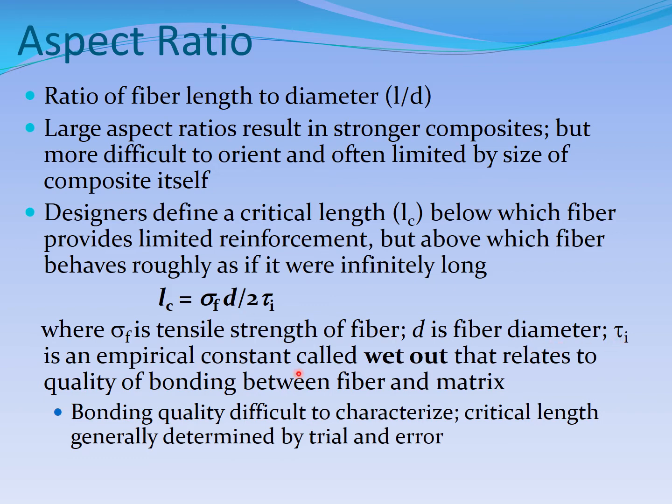Tau I is an empirical constant called wet out that relates to the quality of bonding between fiber and matrix, right? The matrix is some polymer material like polyester and so on. And when you put the fibers inside, then there should be some sticking of this fiber to the matrix material, like bonding.